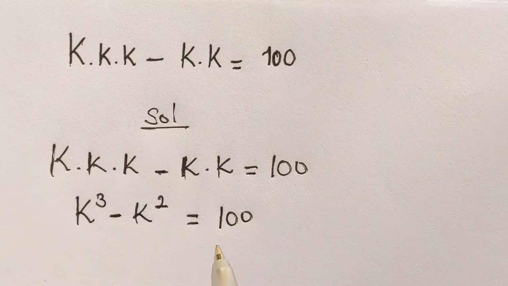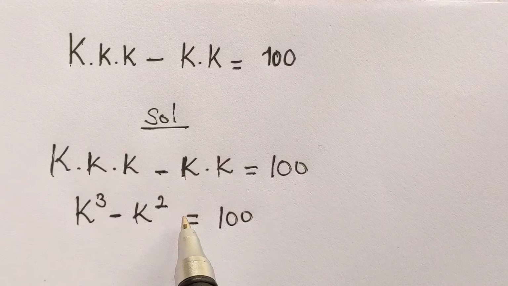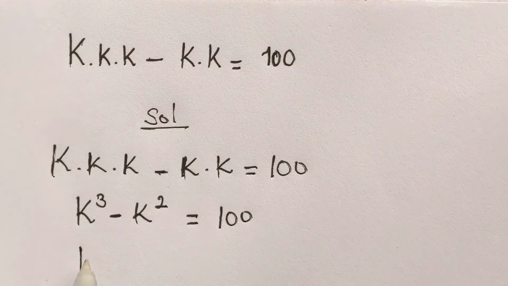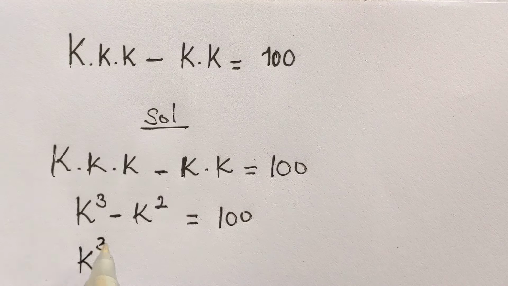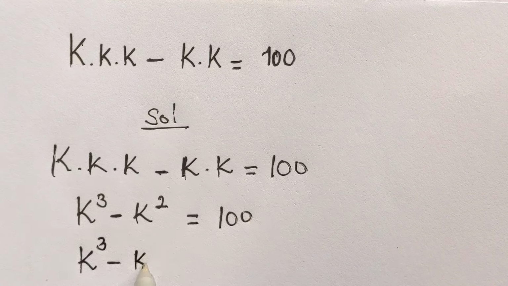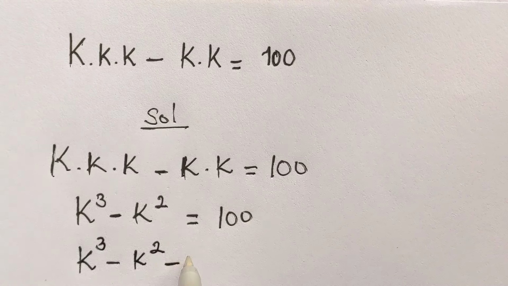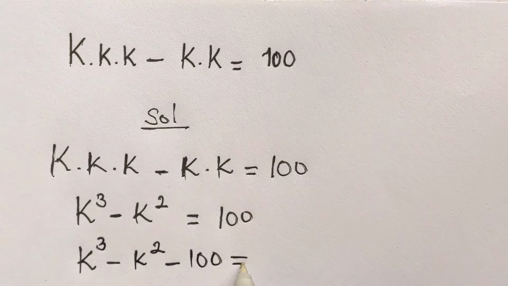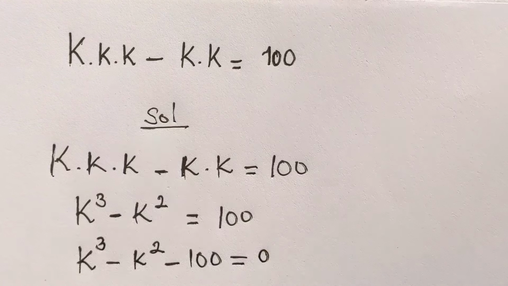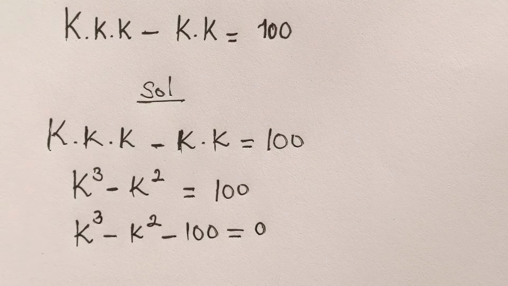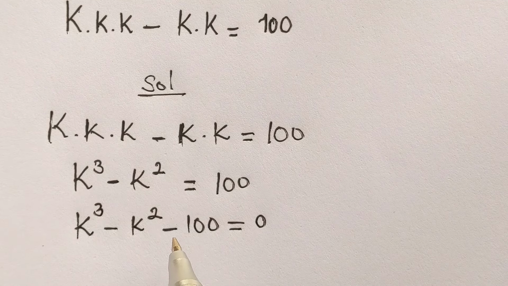Then we can move this 100 across the equal sign to get k to the power 3 minus k squared minus 100, which equals 0. Then what are we supposed to do?